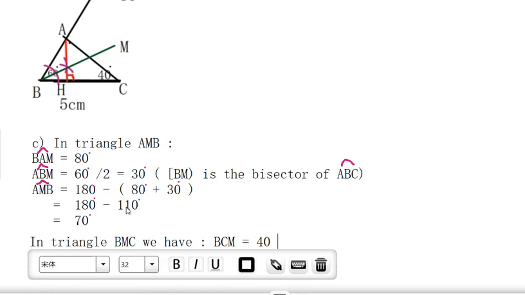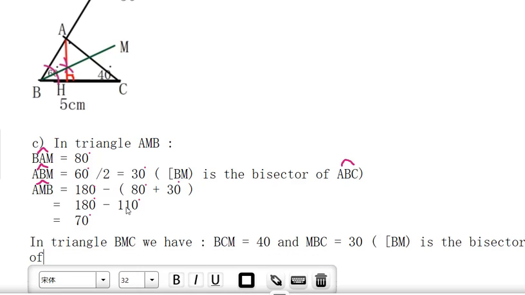And I have MBC equal to 30 degrees. Why? Because BM is the bisector of what?